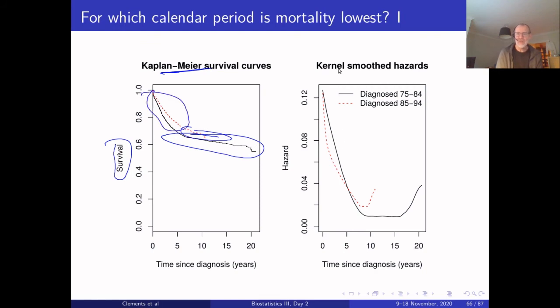And then if we do a kernel smoothed hazard, what we find is that the hazards are quite high here and then much lower here. So that means where the follow-up is will actually affect the modeling of the rates.